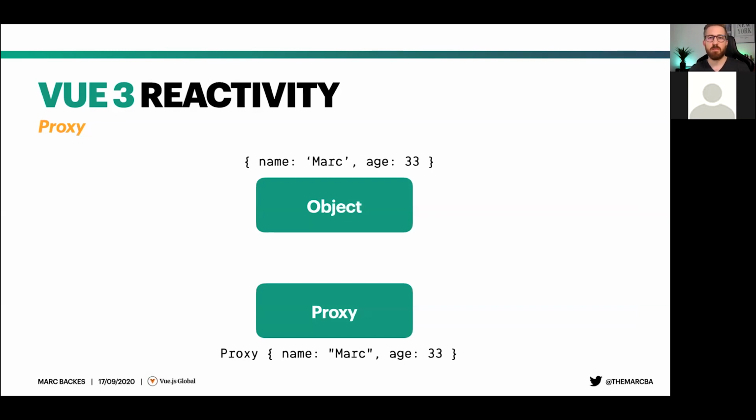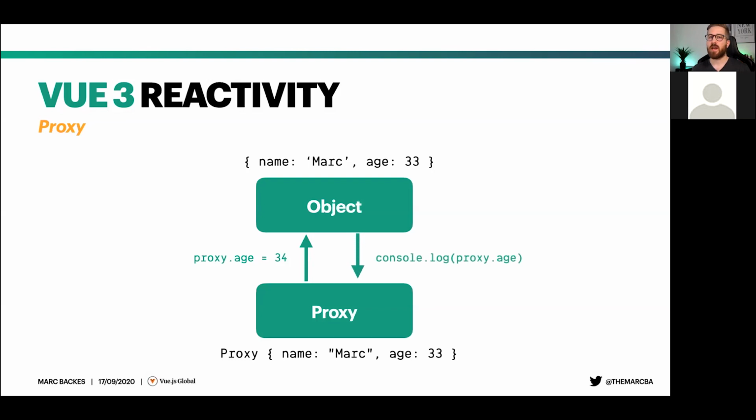So let's go a little bit into Proxy before we start with the demo. If we create a proxy object based on another object, when we set the value of the proxy, it sets the value in the target, as we call it, or in the original object.